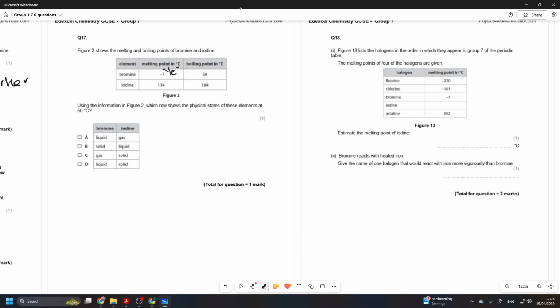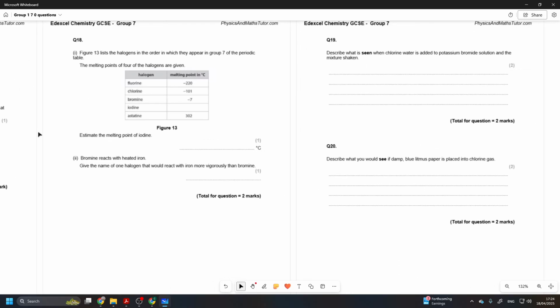Yes, it would have melted. Will it have boiled? No, it won't have boiled at 50. Is this going to have melted? No, obviously. So this would be a solid, and this would be a liquid. So D is the correct answer.